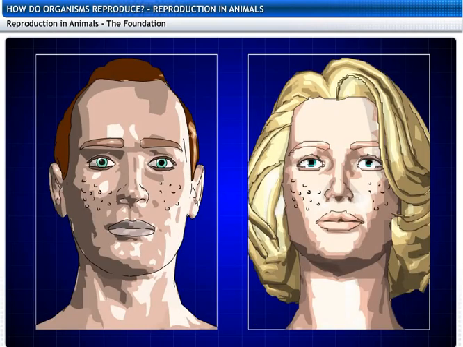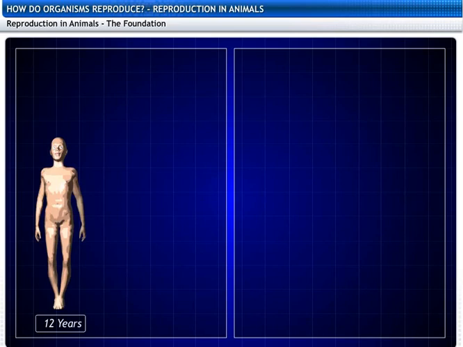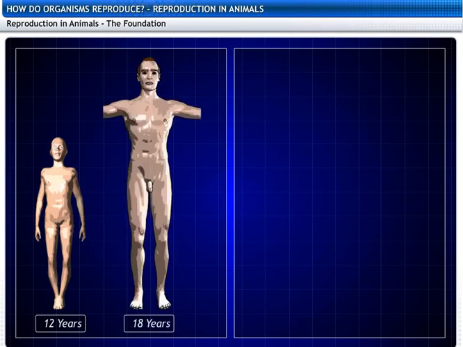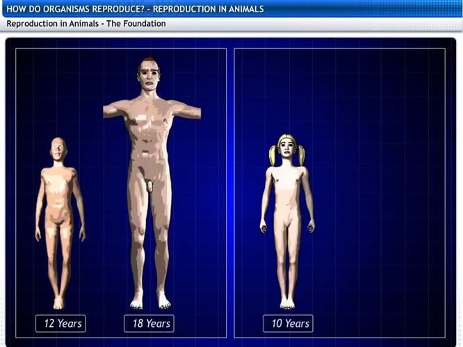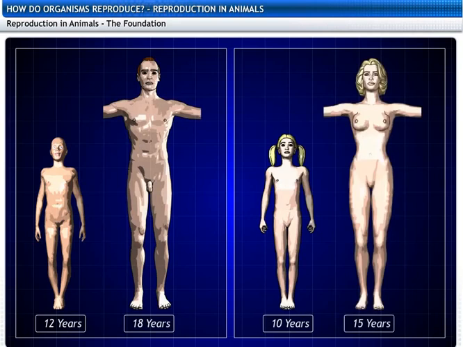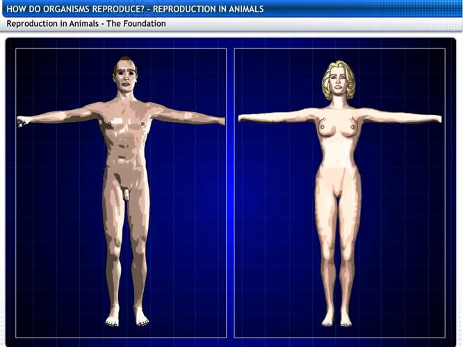At this time, the skin too frequently becomes oily and might develop pimples. All these changes take place slowly, over a period of months and years. The time taken for these changes to occur differs from person to person. These changes are aspects of the sexual maturity of the body.